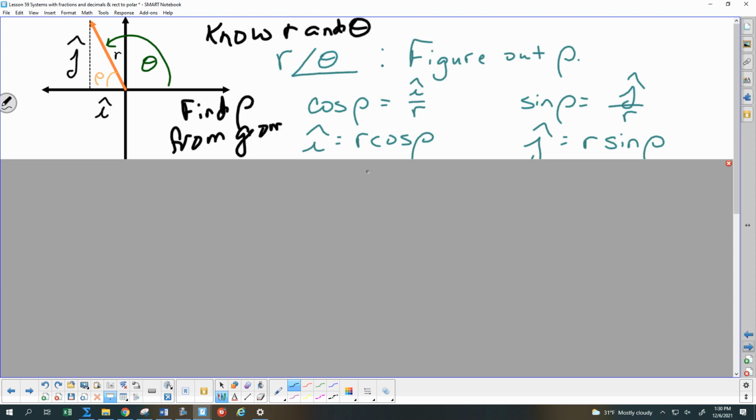And then we label our picture that we've drawn, and then we write down cosine of rho is adjacent over hypotenuse, sine of rho is opposite over hypotenuse. Solve it for i hat and j hat, and we have i hat is r cosine rho and j hat is r sine rho. i hat is always the horizontal part, so it's always the adjacent, so we will always have an i hat when we write down the cosine. j hat is always vertical.